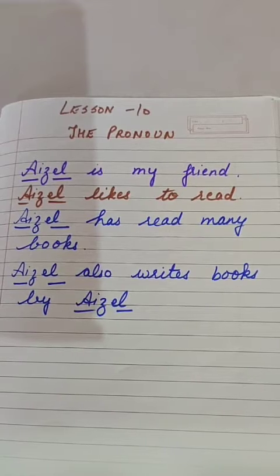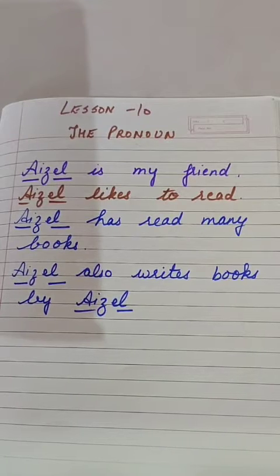The word Hazel. You can see that every sentence I'm talking about is Hazel. So the subject that is being spoken about in these sentences is Hazel, right?